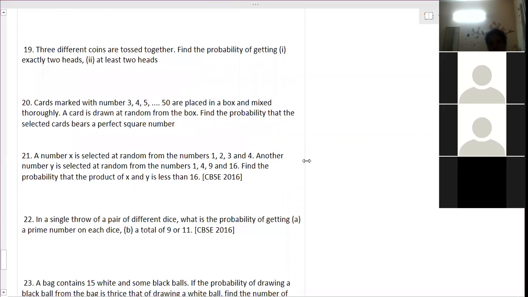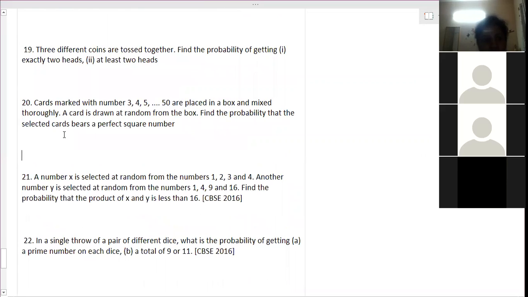Ma'am, are we going to do more after the 20th sum? What? The 20th sum will be the last sum for today, or are we going to do more sums? More sums.